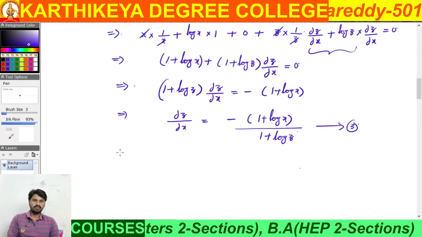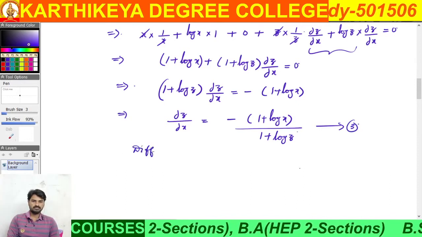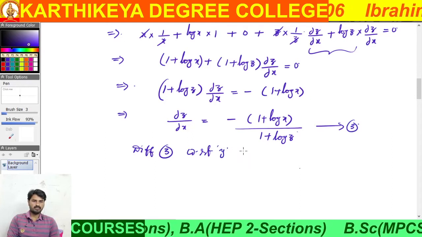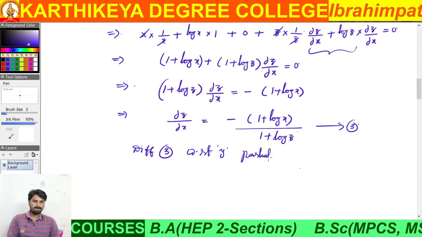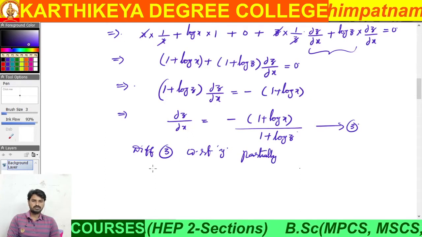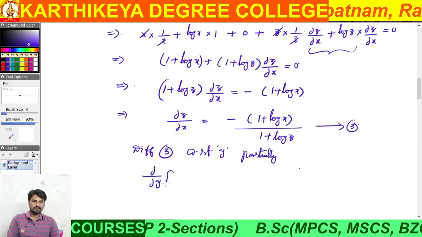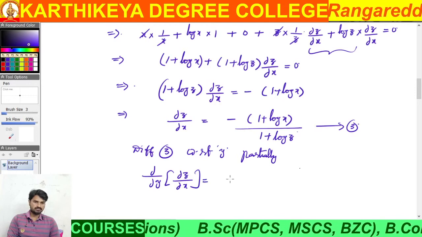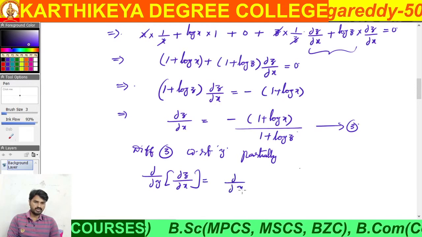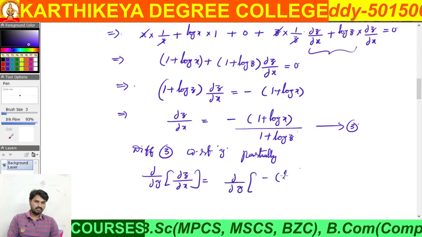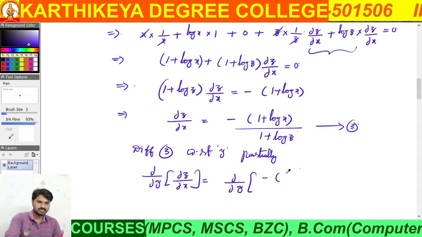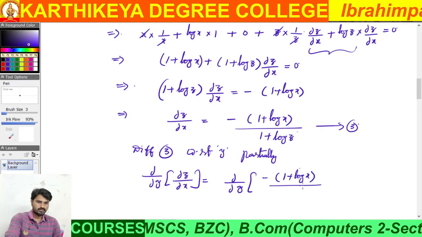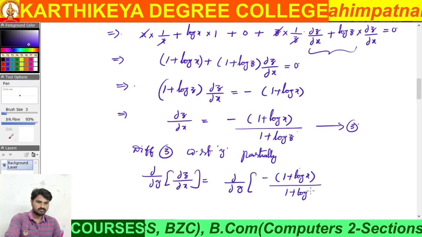So now I am going to differentiate equation 3 with respect to y partially. So ∂/∂y of ∂z/∂x, next ∂/∂y of minus of (1 plus log x) by (1 plus log z).